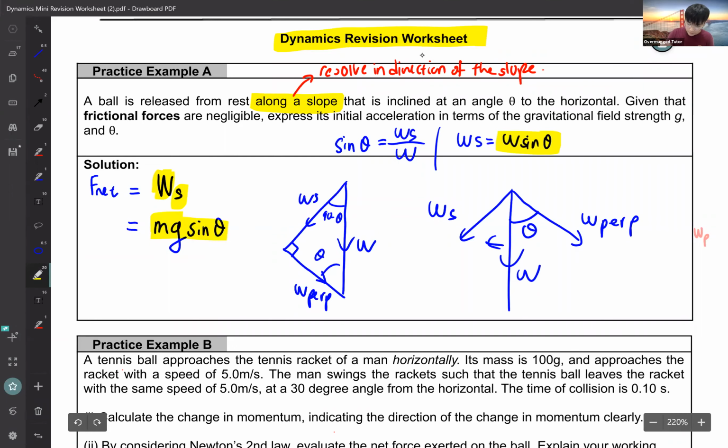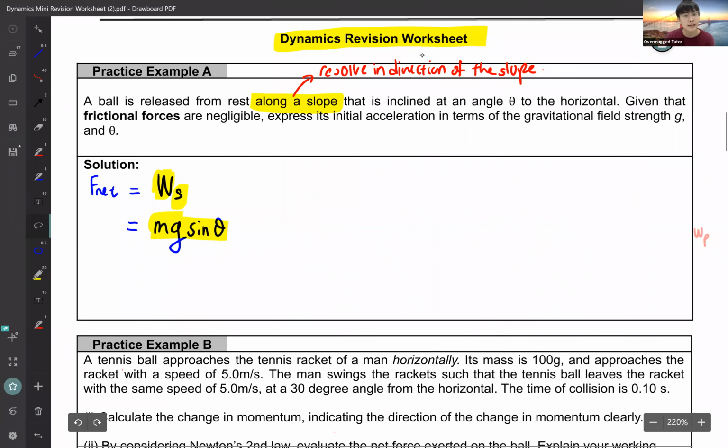Now I haven't found the acceleration yet. So let me erase the working on the right. I need to go and find the acceleration now. The acceleration, you find via Newton's second law. So I'll write here a little note on the right.